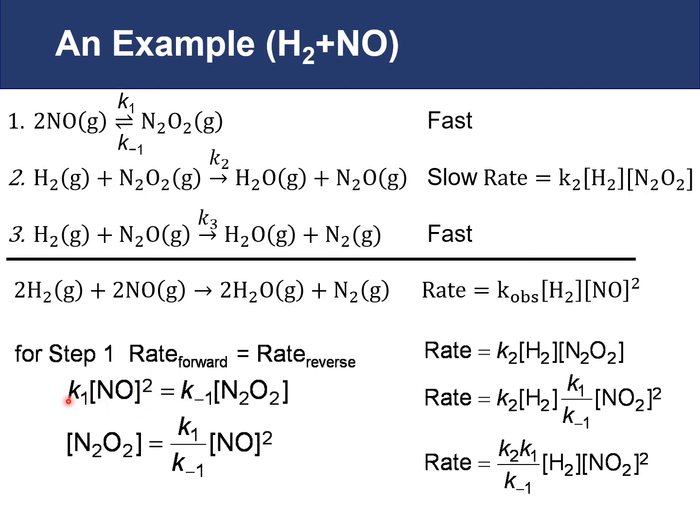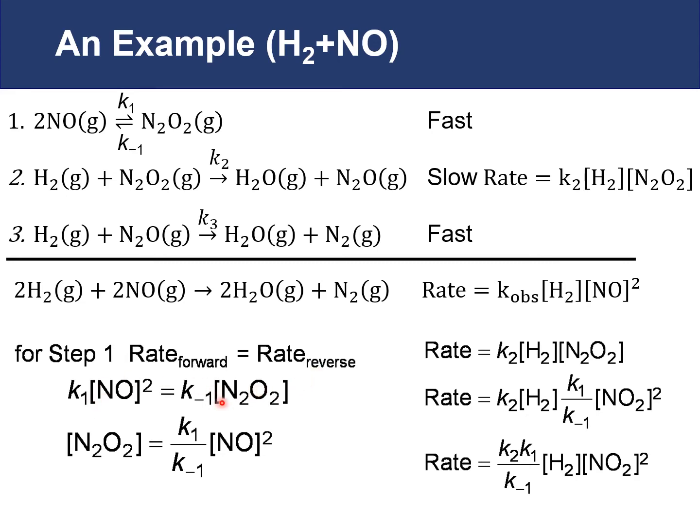That's the rate of the forward. The rate of the reverse would be K minus 1. This negative 1, a subscript for the K, is what's commonly used for the reverse process. So the forward reaction gets K1, the reverse process is K minus 1. The negative indicates that it's for the reverse reaction. So the rate of the reverse reaction is K minus 1 times N2O2 raised to the first power.